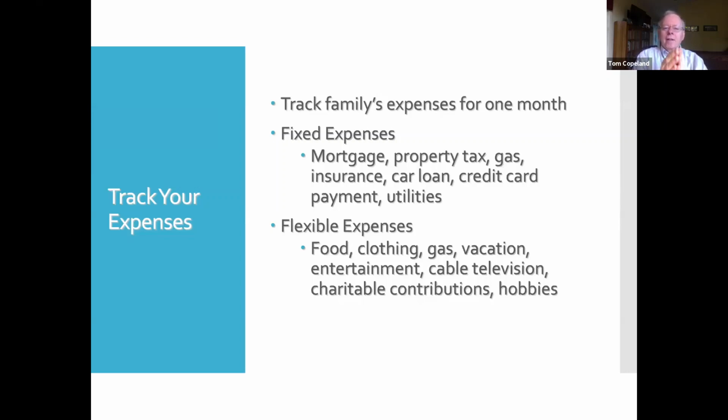At the first of the month, deposit $50 or $100 or whatever you can into a savings account. As the month goes on, if you start to run out of money, you have to cut something from the flexible expense category.